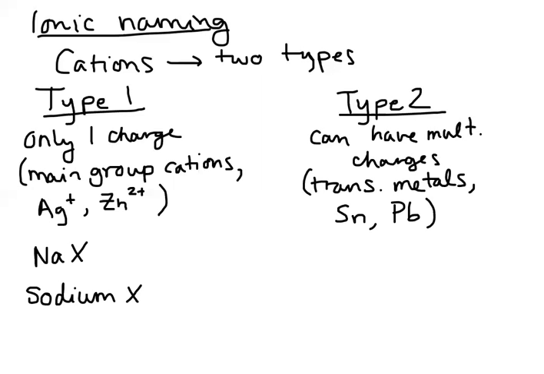So if you look at lead and tin, you're like, we didn't learn what the charge is for group 4A. And that means that for tin and lead, you have to define what the charge is because there are going to be multiple charges. So for these type 2 cations, you have to put the charge in Roman numerals in parentheses. So put charge in Roman numerals.